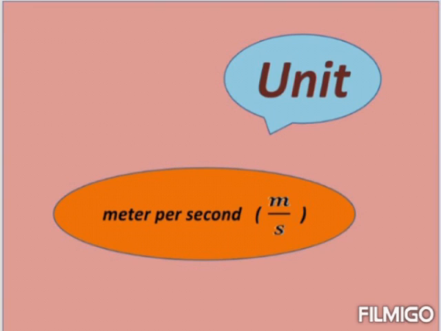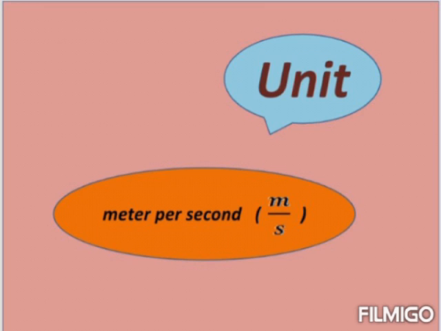Okay students, as you have studied, physical quantities have a numerical value with an appropriate unit. The unit of speed is meter per second. We write the unit as meter m divided by second s. Meter is a unit of distance and second is the unit of time.